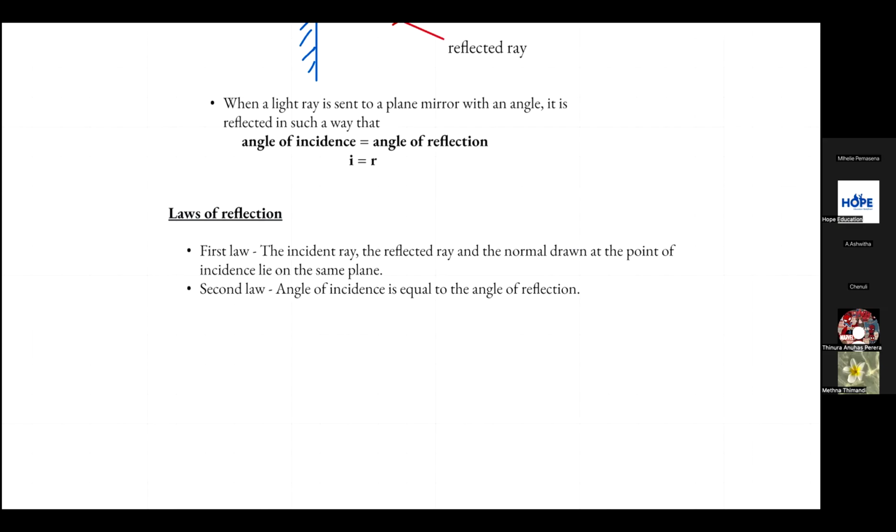Can you click on this link again? Wait one second. Check if you can see now. What I last wrote is the second law: angle of incidence is equal to angle of reflection.